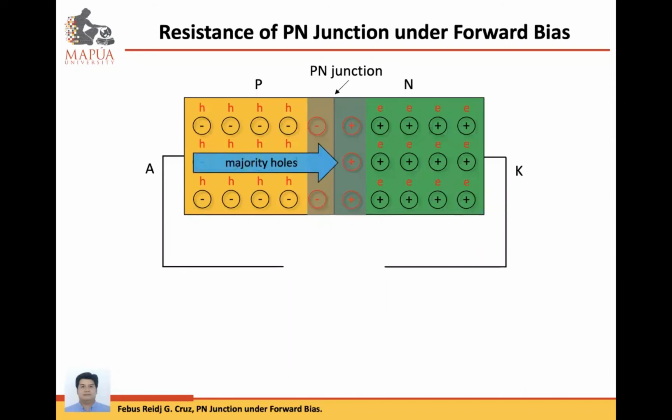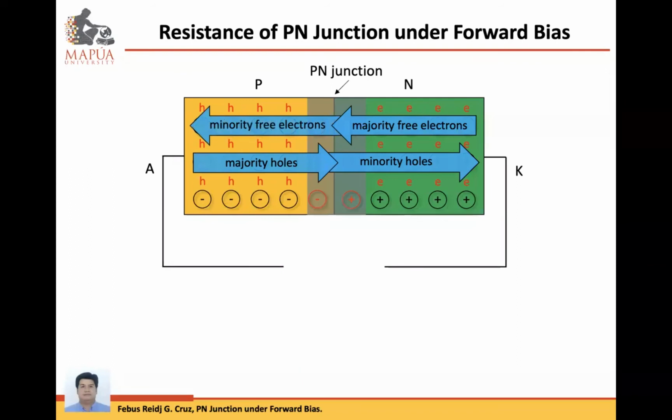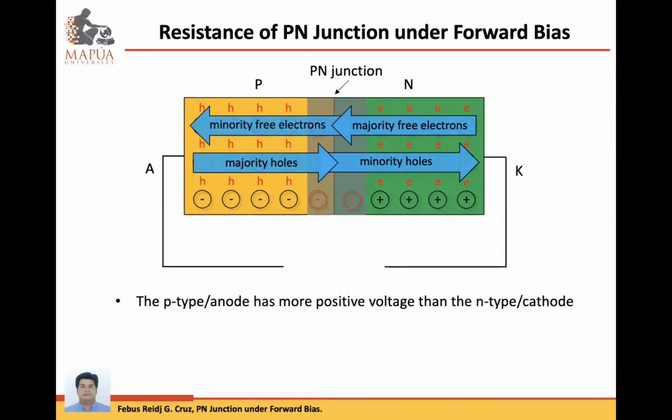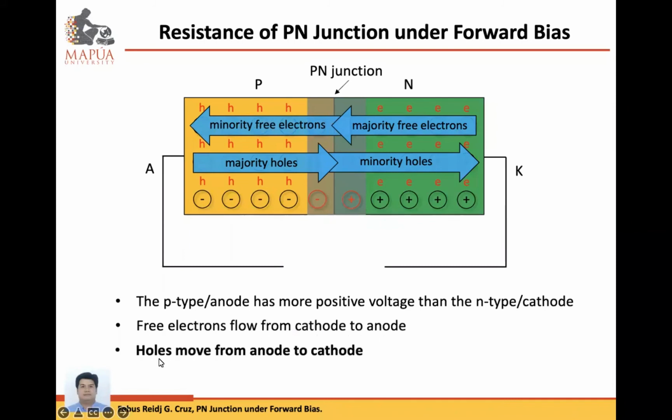So again, you have the majority holes, minority holes, majority free electrons, and minority free electrons. So the P-type or the anode has more positive voltage than the N-type cathode. So therefore, free electrons flow from cathode to anode, while holes move from anode to cathode.